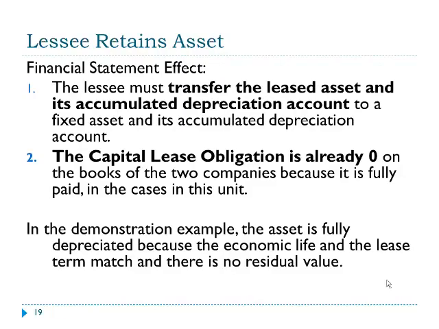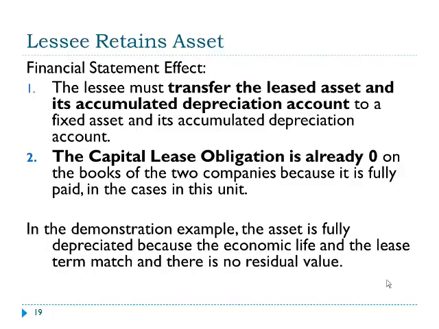If the lessee retains the asset, then the lessee must transfer the leased asset and its accumulated depreciation account to a fixed asset account and its accumulated depreciation account. That is, once we have a leased asset that we own and have title to, it's no longer a leased asset and needs to be in a different account. So that's simply reclassification.